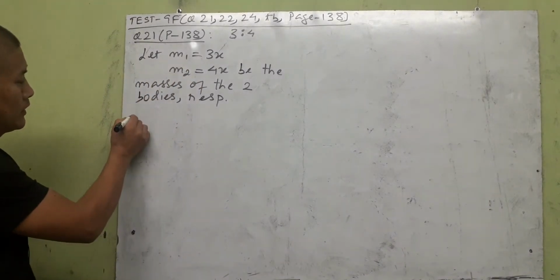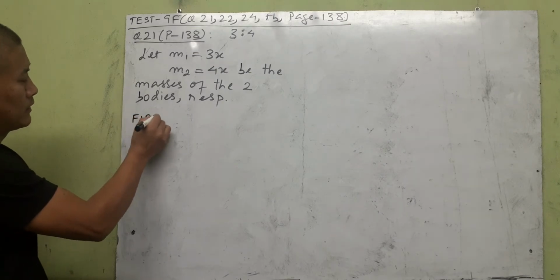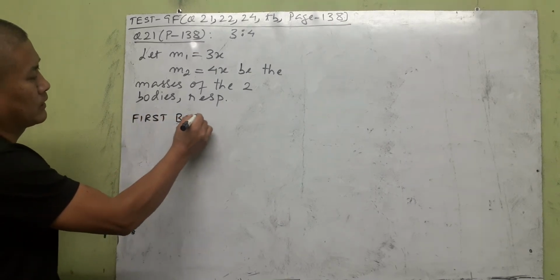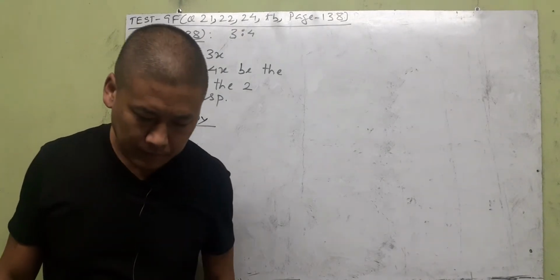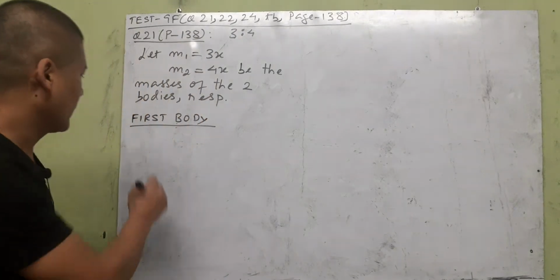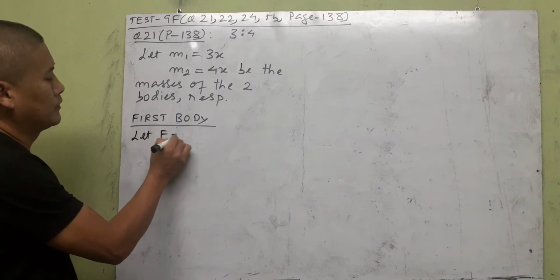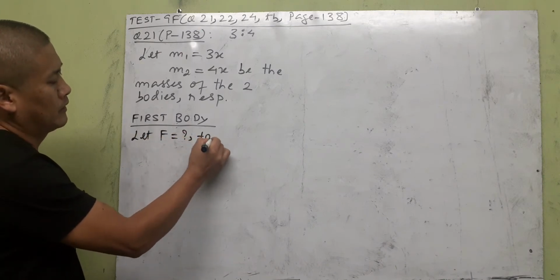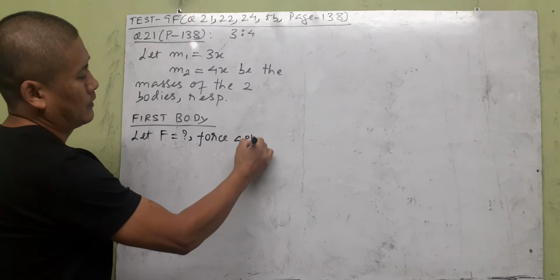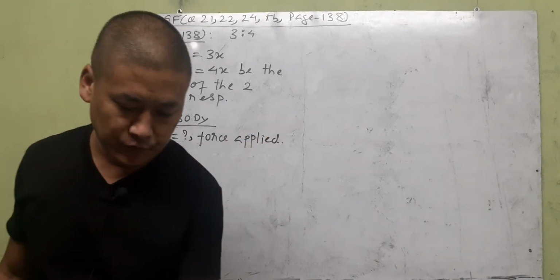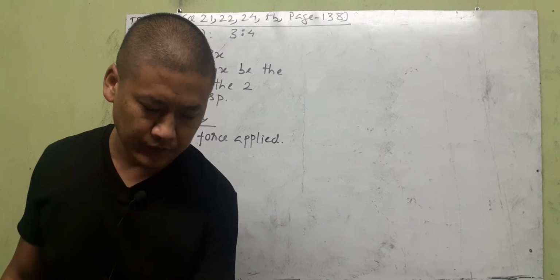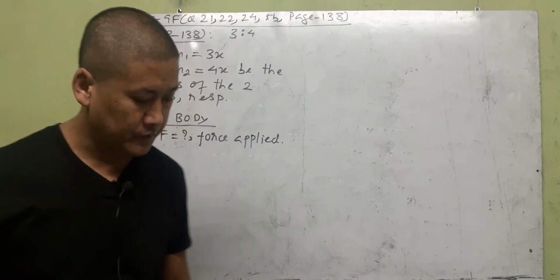Let's take the case of the first body. Let the force applied, let F equal to, we don't know yet, be the force applied on the first body. Then it moves with an acceleration of 6 meters per second square.